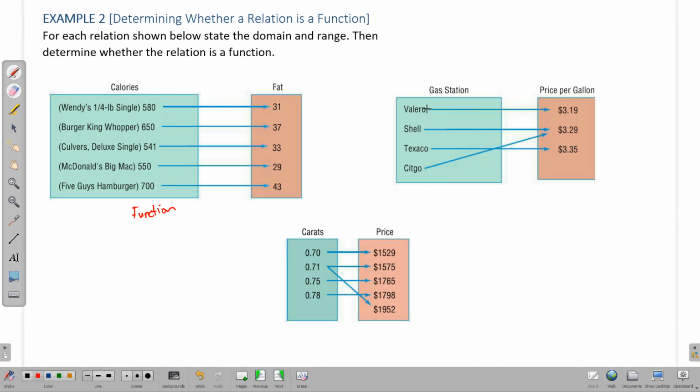If we look at the next one, again, each of these gas stations has only 1 arrow leaving it. The fact that Shell and Citgo both go to 329 doesn't matter. You can have multiple inputs go to the same output. We could have every one of the inputs go to the same output, but you can't have 2 gas stations giving you 2 different prices in this case. So this one is still a function.